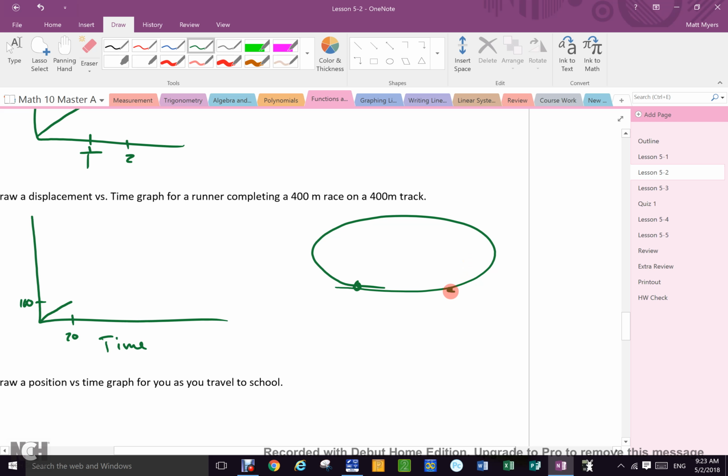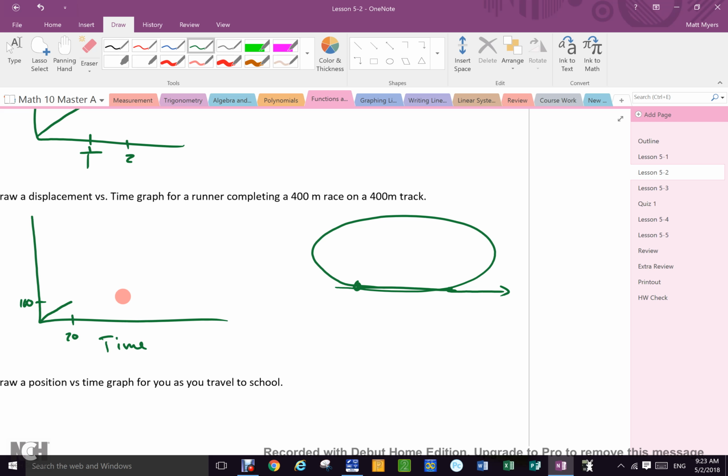So am I going as far away from start? No, I'm actually going less distance away from start, aren't I? But I'm still going away from my start, aren't I? Yeah. So is this line going to get steeper, shallower, or stay flat? It can't stay flat, can it?